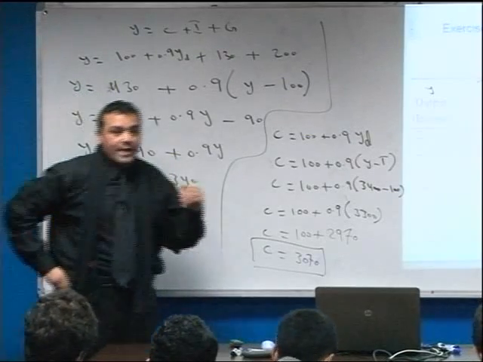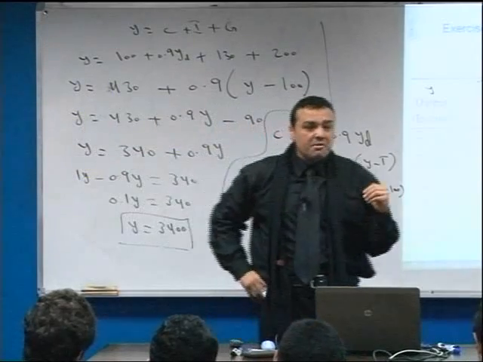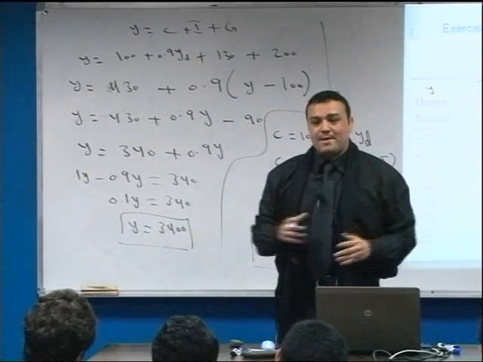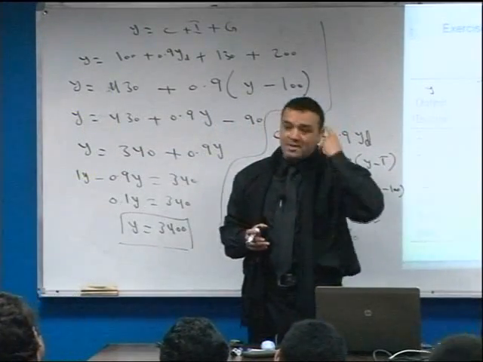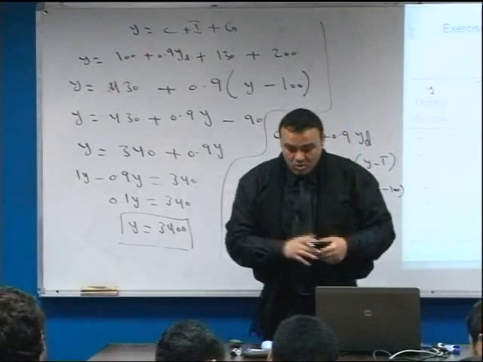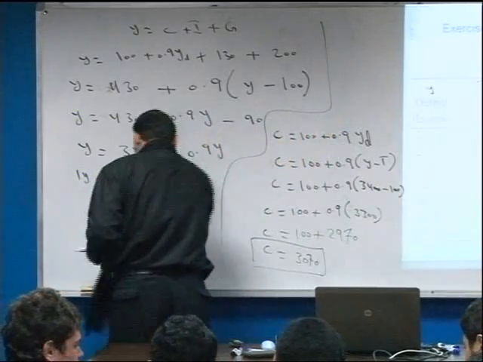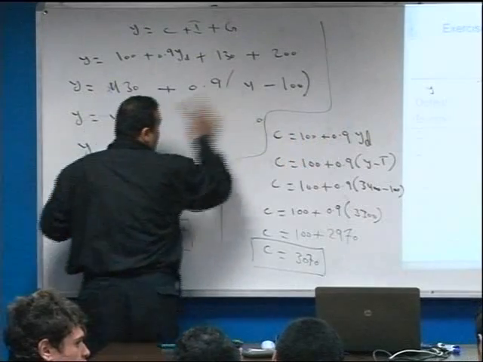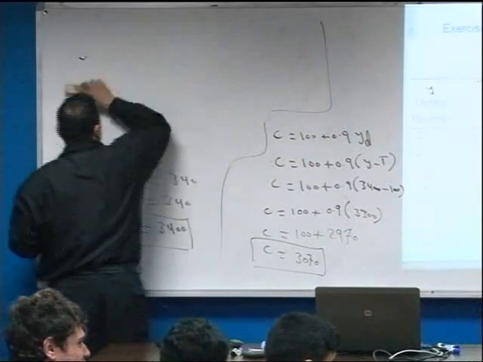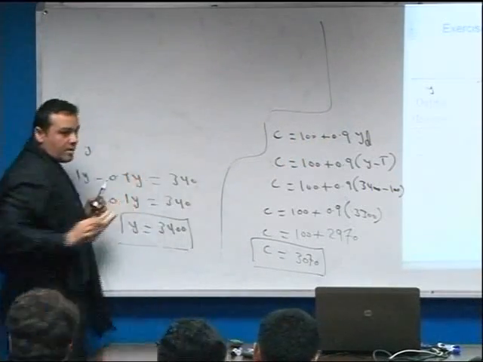Now calculate the government spending multiplier and the tax multiplier.